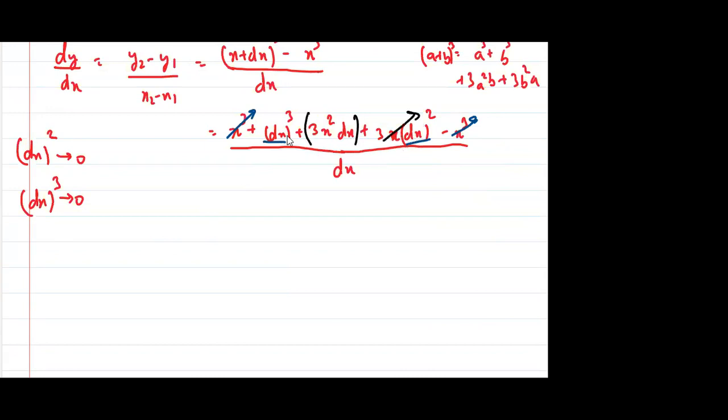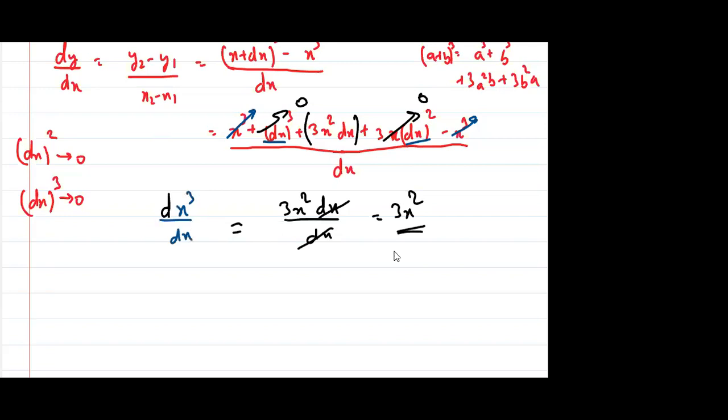Compared to this term, these two terms will be very, very small. So I'll be left with what? 3x squared dx by dx. The answer is 3x squared. So d(x cube) by dx is 3x squared.